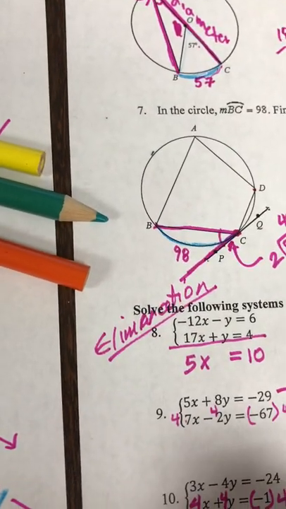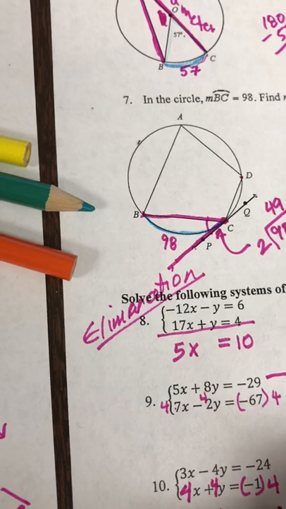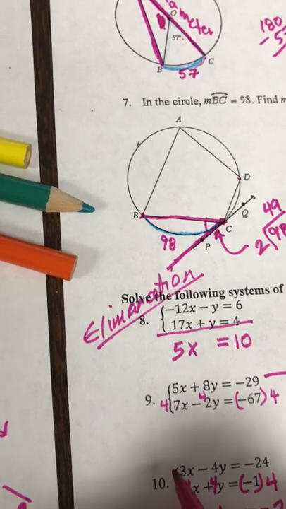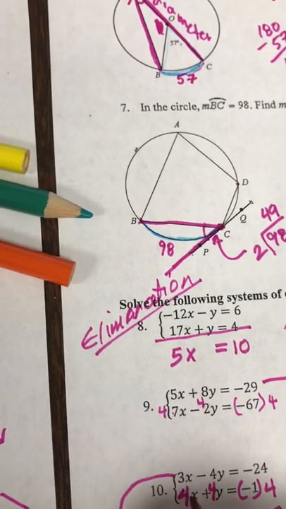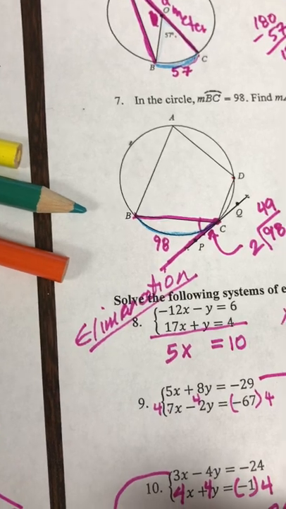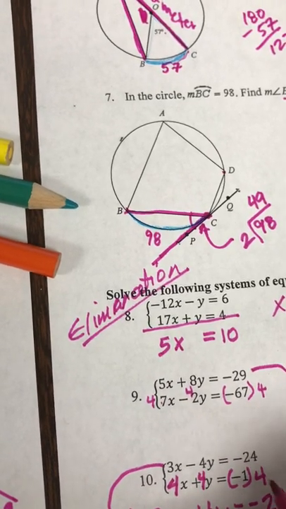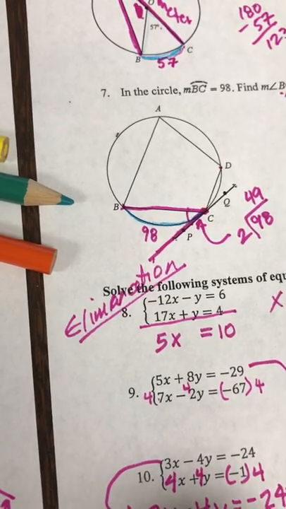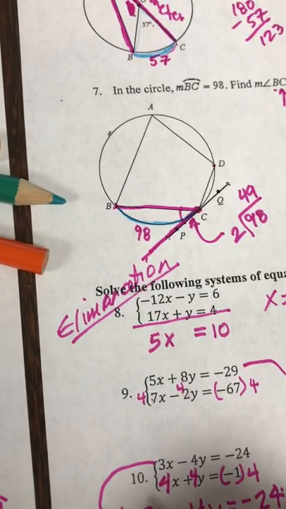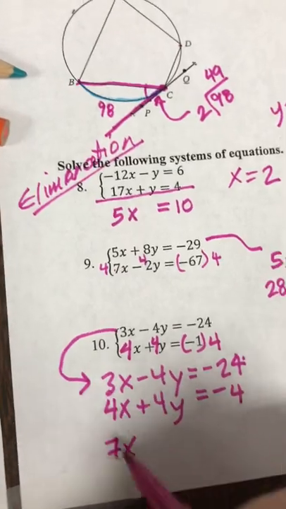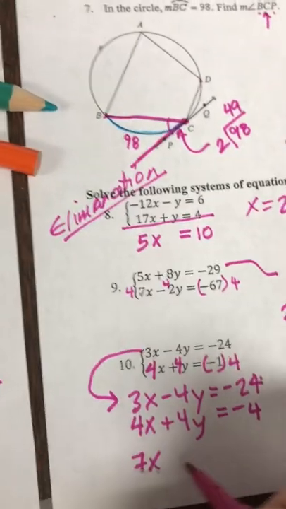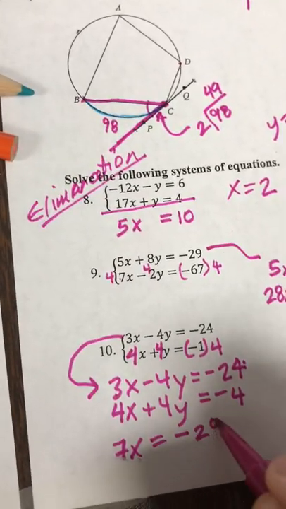So let's rewrite this. 3x minus 4y is equal to negative 24. I've just recopied the top equation. Now let's recopy the bottom one. 4x plus 4y equals negative 1 times 4, which is negative 4. So we have, adding the teams on the left with the teams on the right, 7x is equal to negative 28.